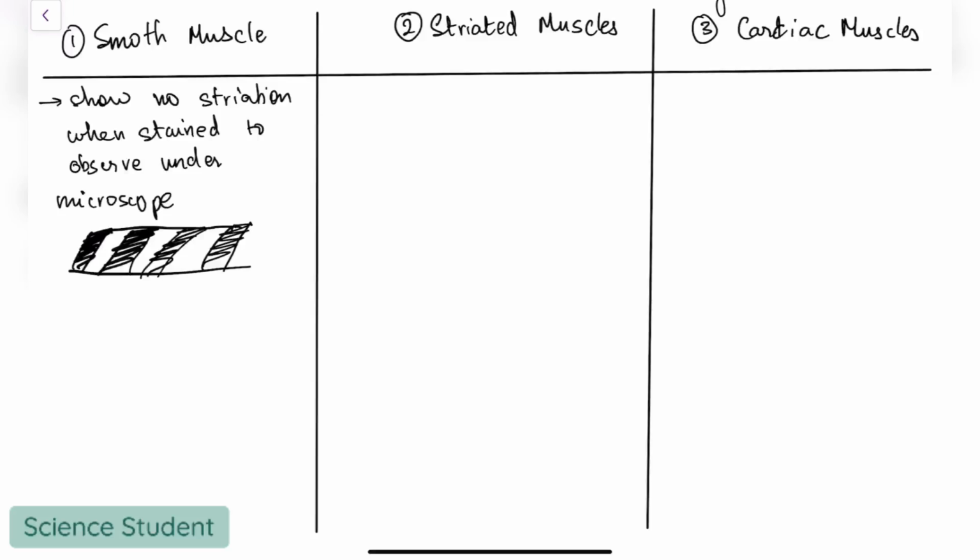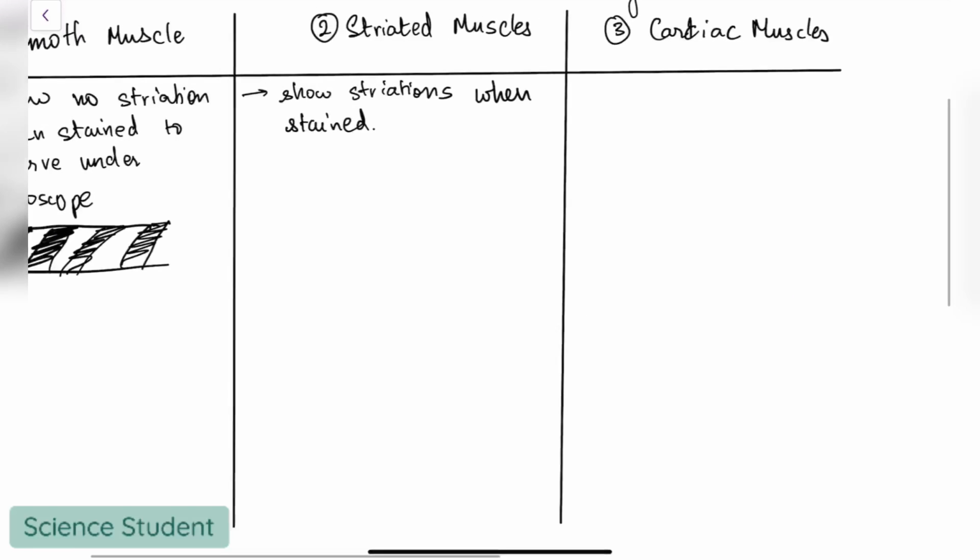So smooth muscles show no striation, striated muscles show striations when stained, and the cardiac muscles show no striations.